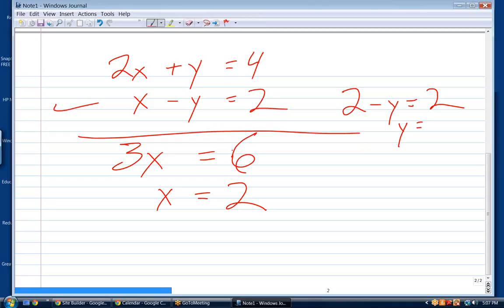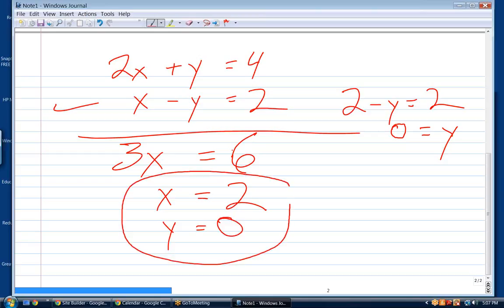Okay, well, if we solve it just like an algebraic equation, let's move the y over to the right side. Let's move this 2 over to the left side by subtracting 2 from both sides, and we get y equals 0. So there's your solution.